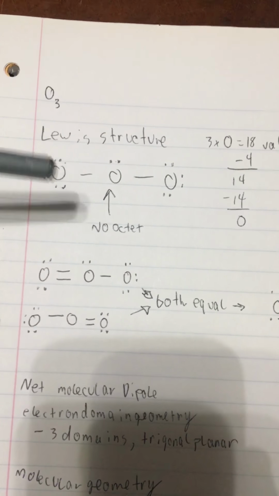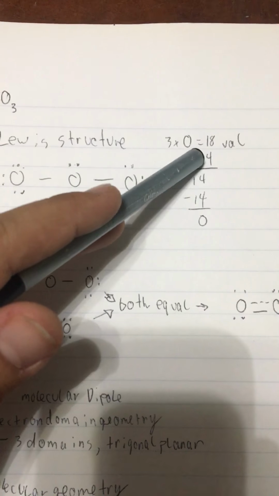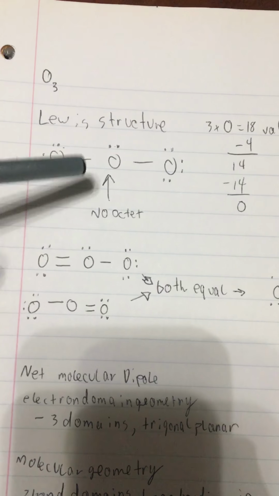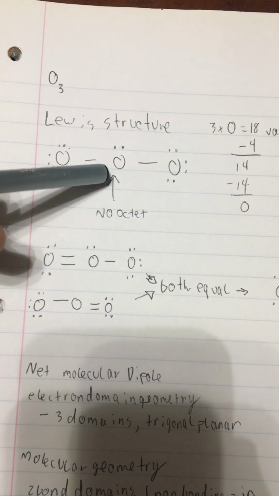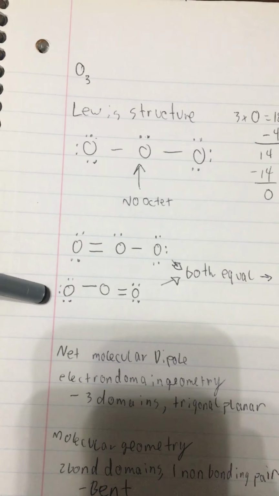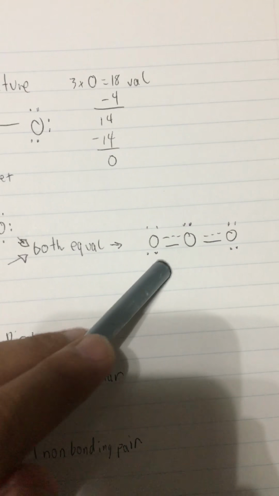The last molecule we're given is O3. So the Lewis structure is right here. We have 18 valence electrons, but we see that the middle oxygen does not form an octet, so we have 2 different resonance structures we can draw, which form a resonance hybrid right here.